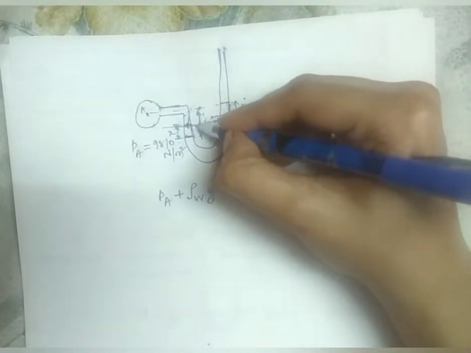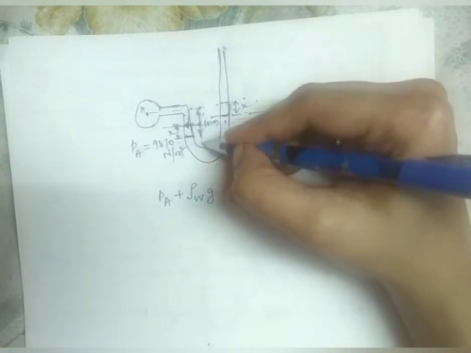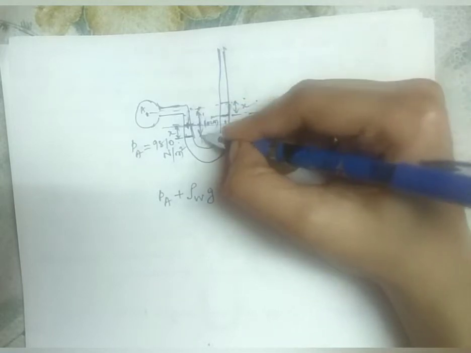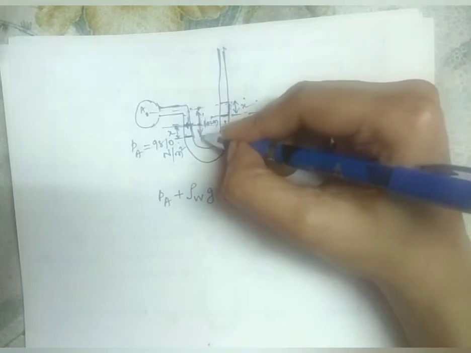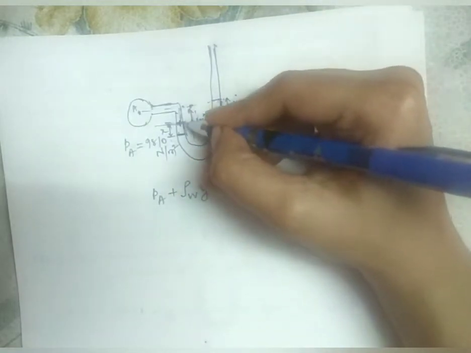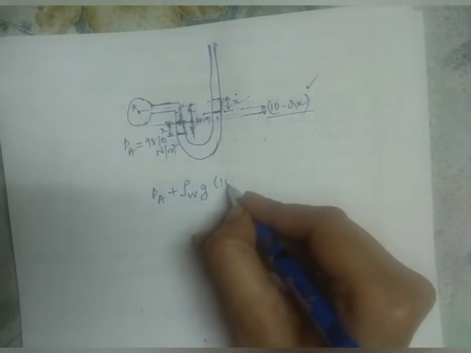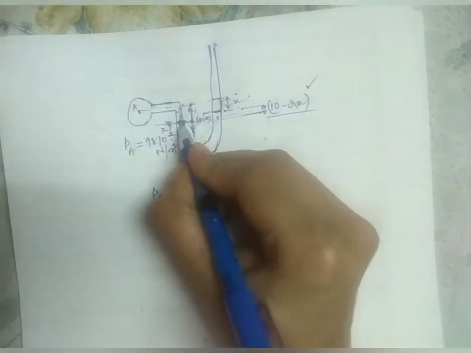From here to here, total is 10, and from here to here it is 10 minus x. This much length is 10 minus x. So I got the pressure over here.